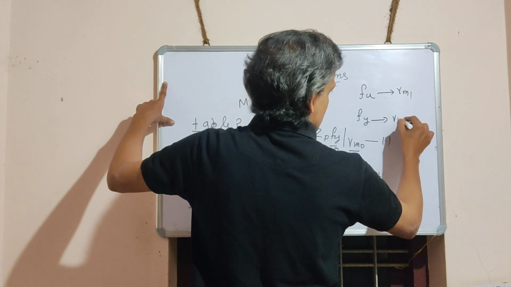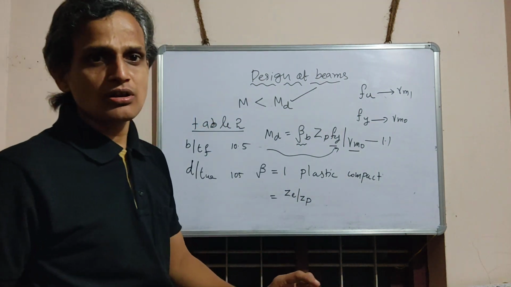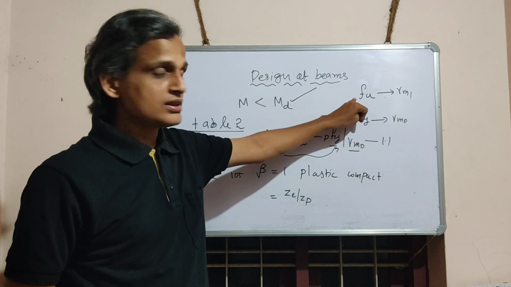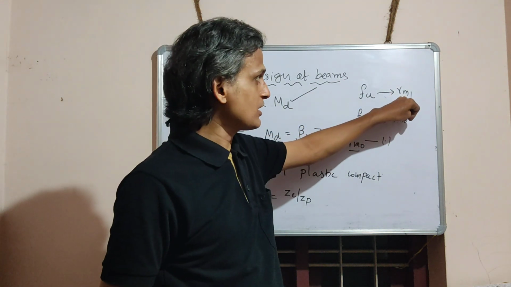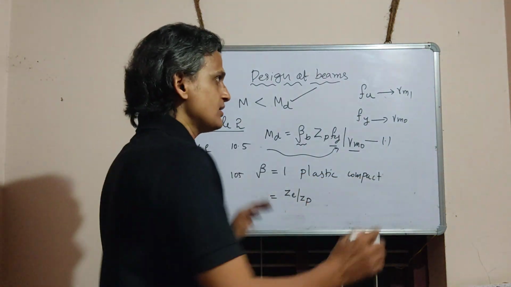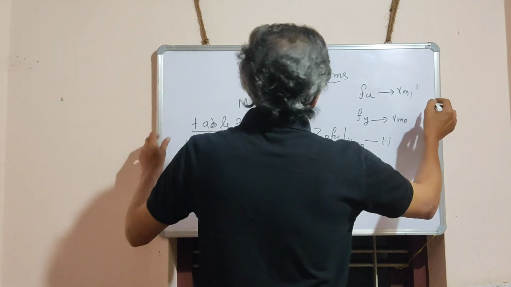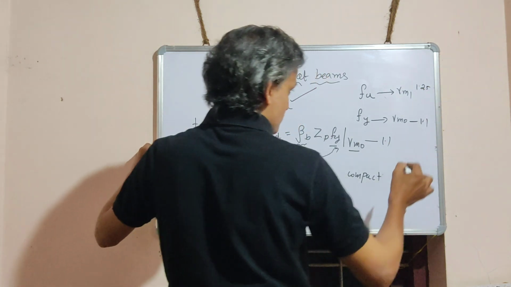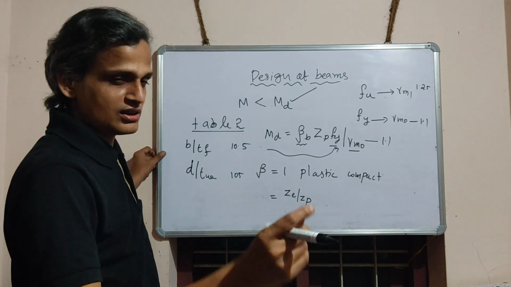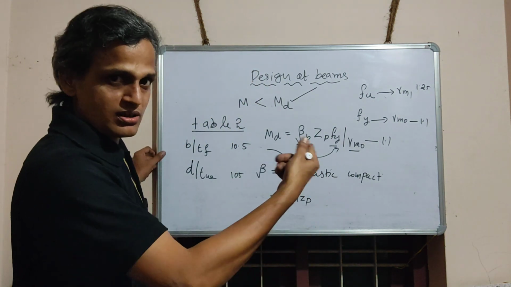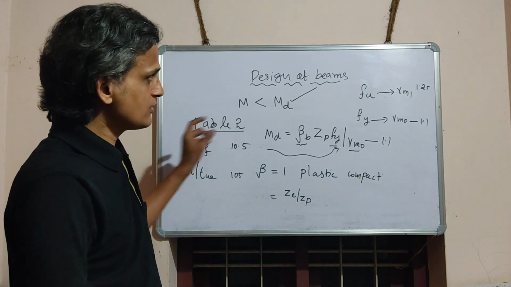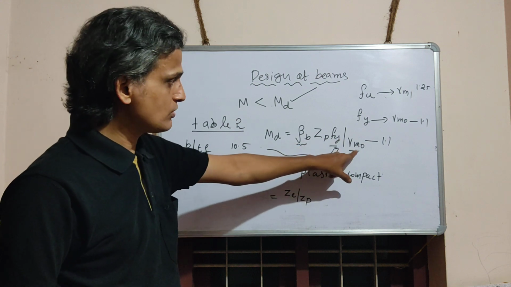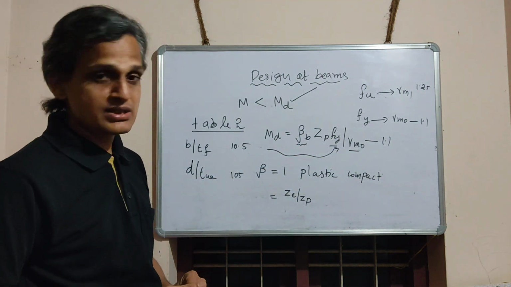Always, in any case, if you use the term Fu, the accompanying gamma term is gamma m1, and that value is 1.25. For gamma m naught, that value is 1.1. This is in most cases. There are some special cases where this value may change. So here also you can see the term is yield stress Fy, so the factor of safety term is gamma m naught.